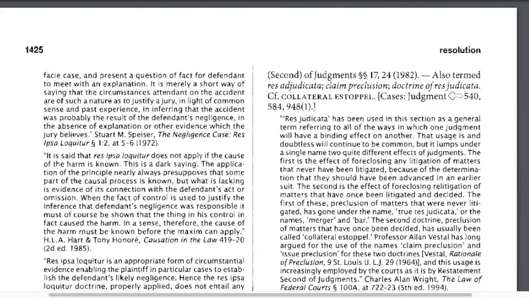Restatement, second of judgments. Oh, okay. Also termed res adjudicata, same one there, claim preclusion, doctrine of res judicata, of collateral estoppel.